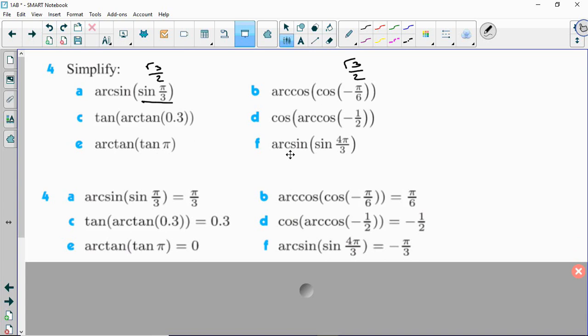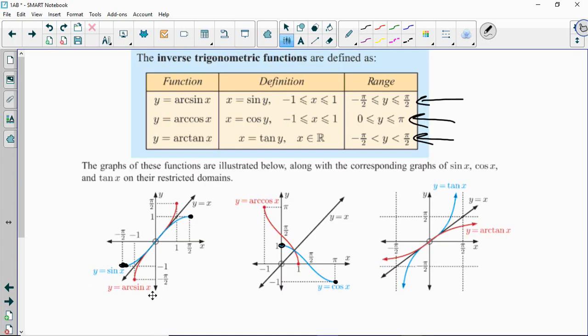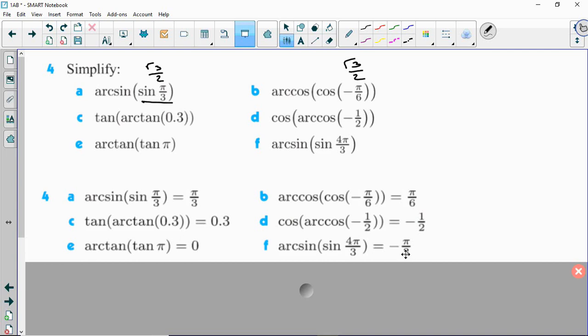But when I ask arc sine for the angle whose sine value is negative root 3 over 2, arc sine can only give me an answer that's in either the first quadrant or the fourth quadrant. So it's going to give me the angle of negative pi over 3. All right, so it's a little tricky, so make sure to think about this. Don't just breeze through it. Make sure that it makes sense.